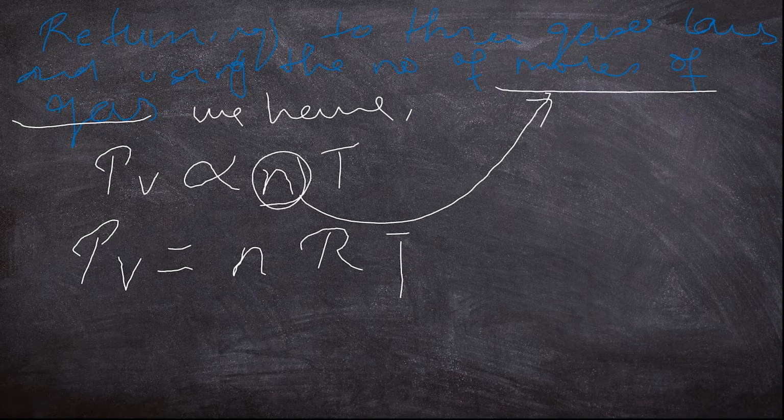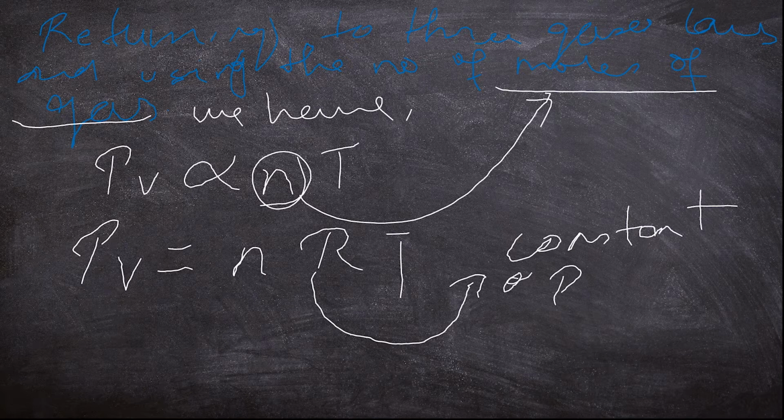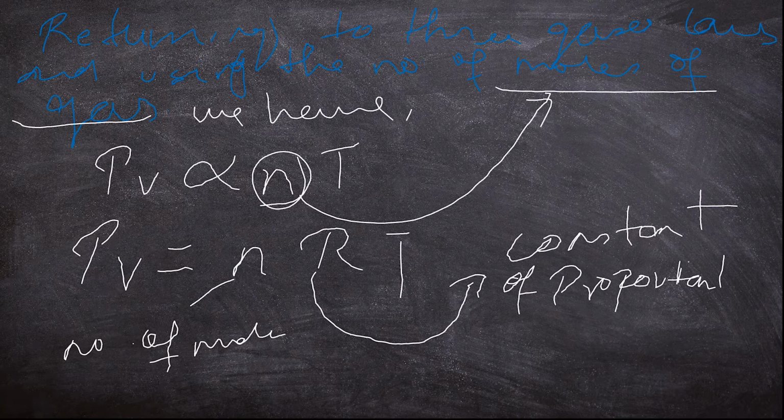R is a constant of proportionality, and n means the number of moles of gas.